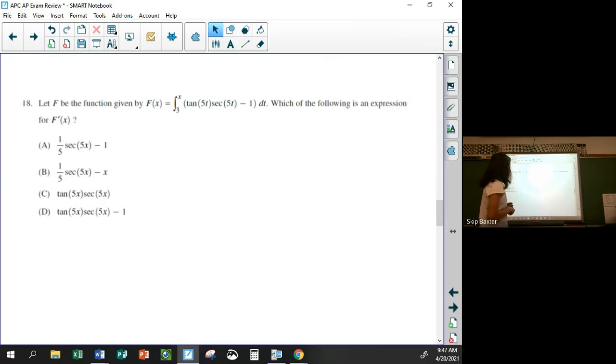So without even thinking about it at all, what type of problem do you think this is? Without even reading it. FTC part 2, because it's an integral where one of the limits of integration is an x.